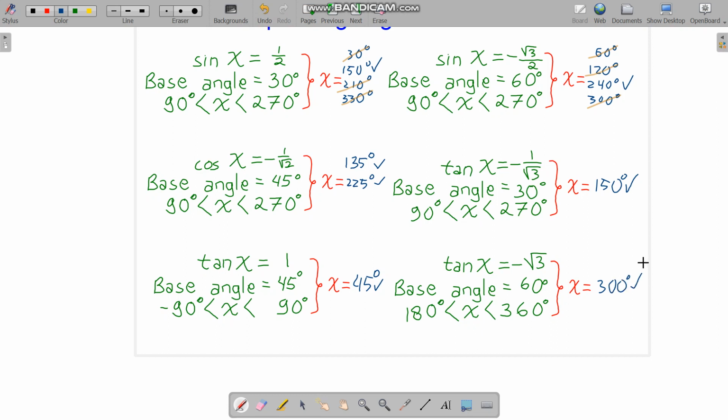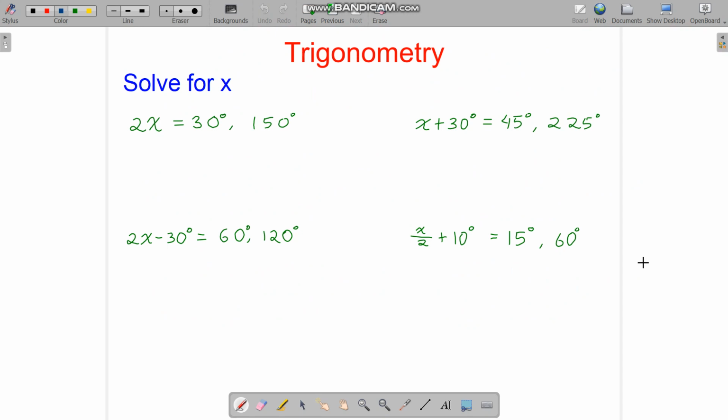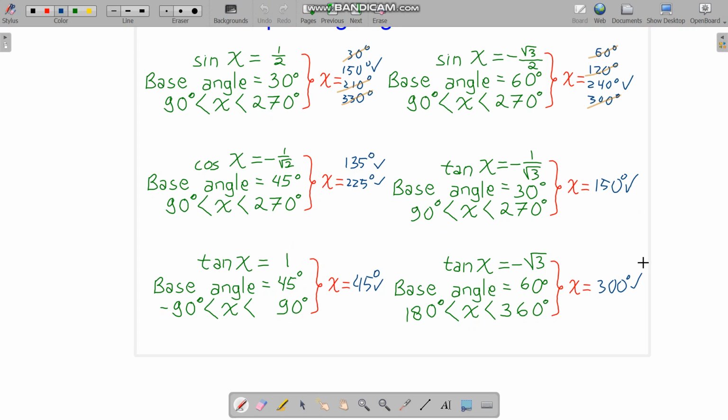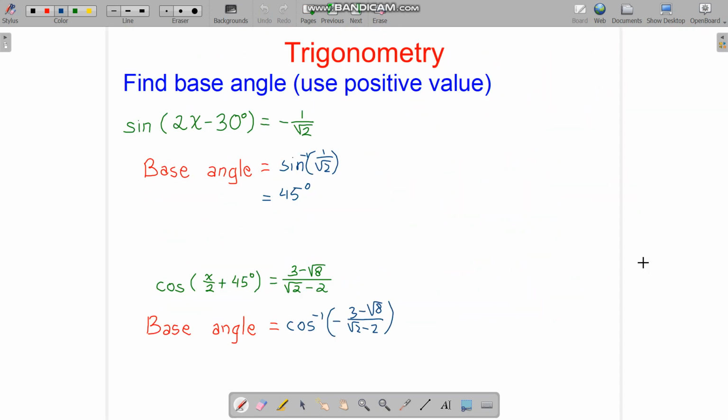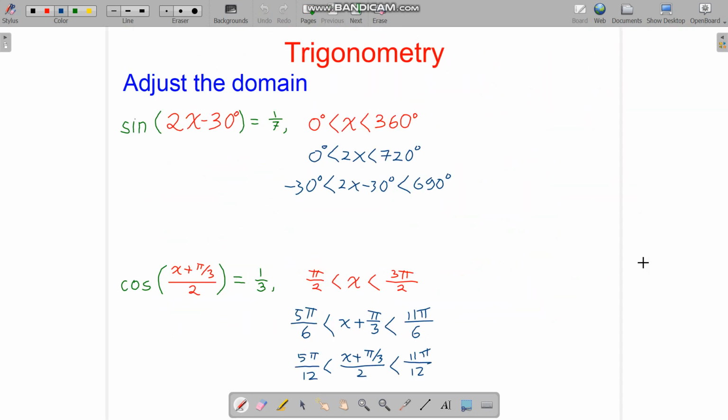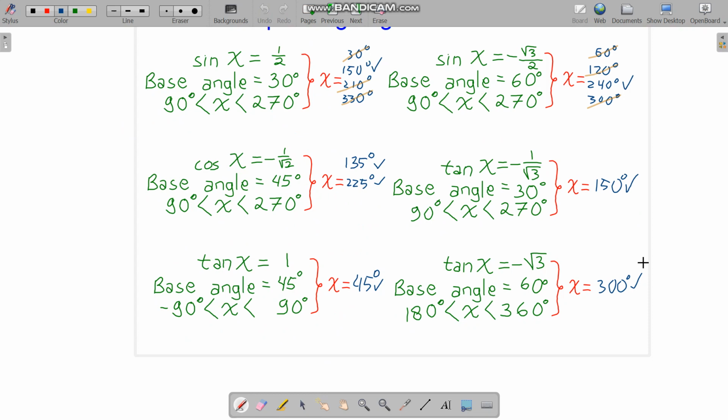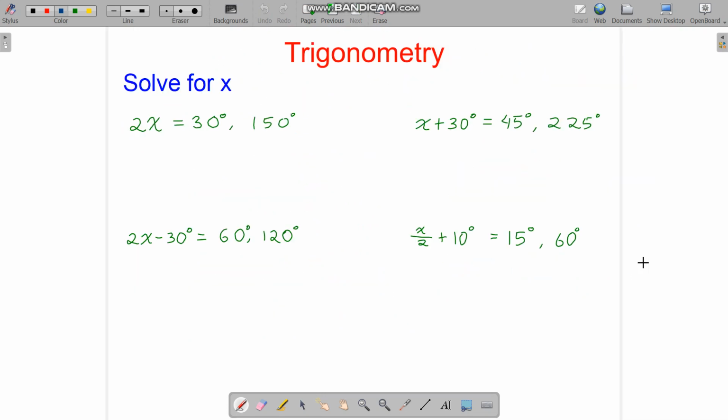Right, next, solve for x. So let's say we have 2x equals something. So from here we get, for example, 2x plus 30 degrees equals something. So the angle we are dealing with could be something other than x. So for example 2x, so of course we have to solve for x, not 2x, so we divide by 2 here.